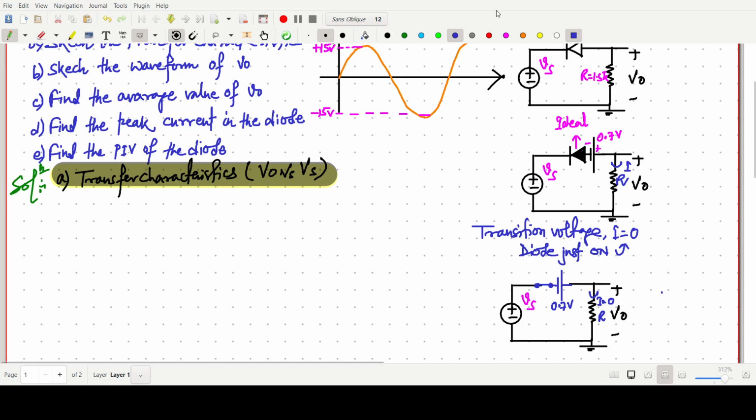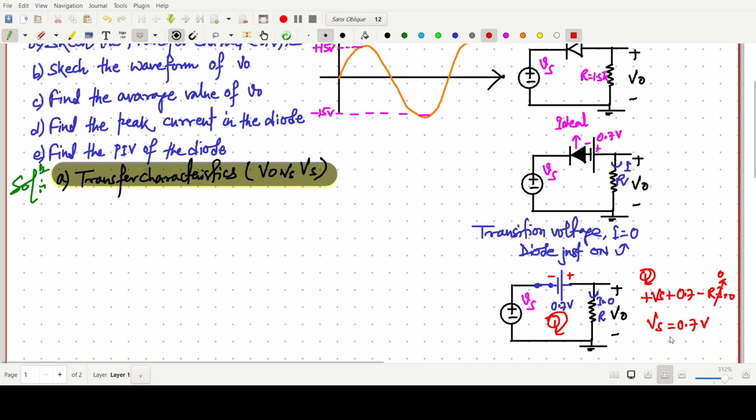If we apply KVL in this loop, it gives Vs plus 0.7 plus R into I equals 0, and since I is already 0, we can say Vs equals 0.7 volt.